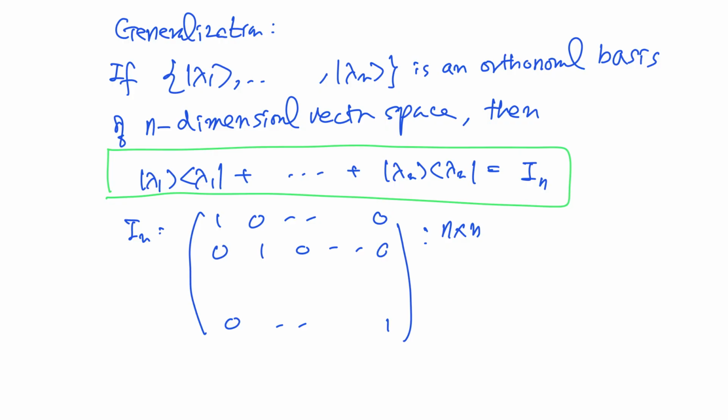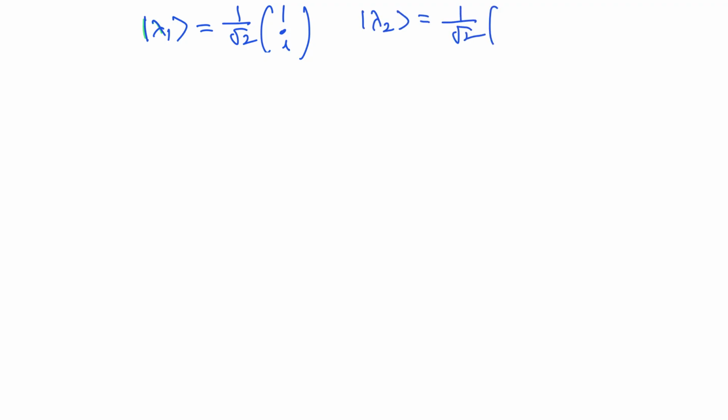So let's do some other example, just in case. Let me check. Say lambda 1 is 1 over square root of 2, (1, i), with i a complex number. Lambda 2 is 1 over square root of 2, (1, -i). And say lambda 1 is plus 1, lambda 2 is minus 1.